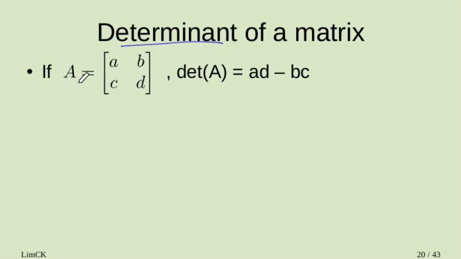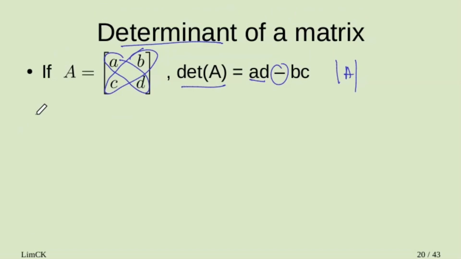For example, if A is a 2 by 2 matrix, the determinant of A, or sometimes we write it in this form, can be computed as A times D minus B times C. So this is a very simple way to find the determinant of a 2 by 2 matrix.